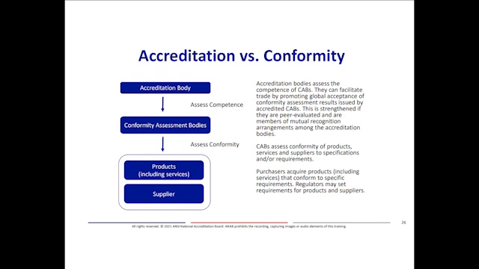So that's the difference. When we're called an accreditation body, like ANAB, we're accrediting that you are capable and have the confidence of performing the tests or inspections that are on your scope of accreditation. You as a conformity assessment body are looking at the products, the processes, the services, and rendering judgment upon those.